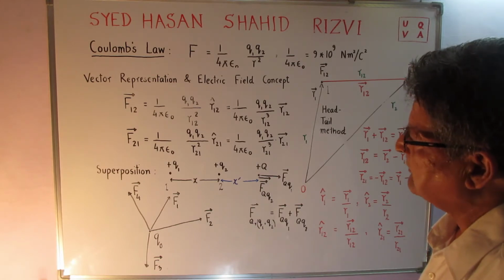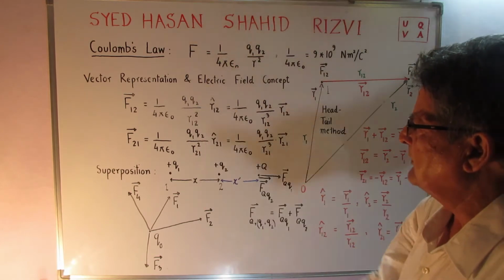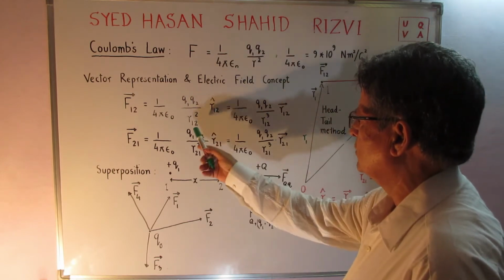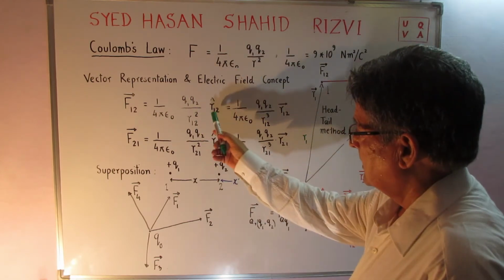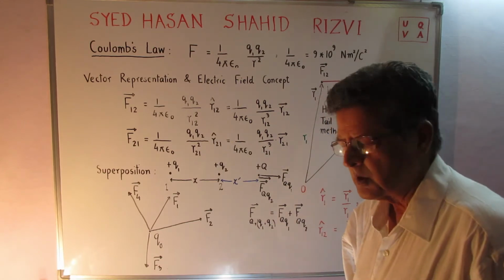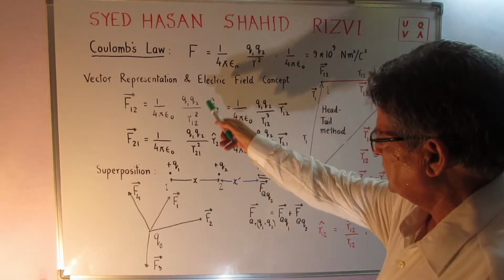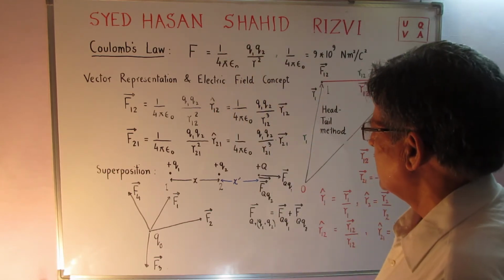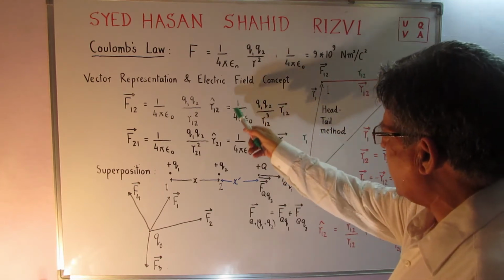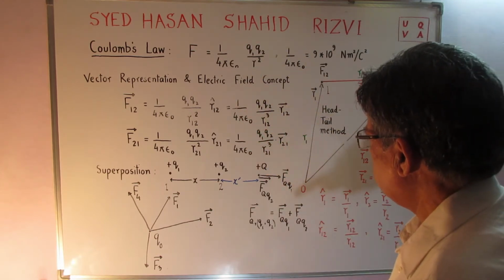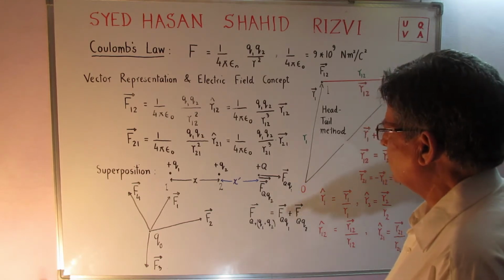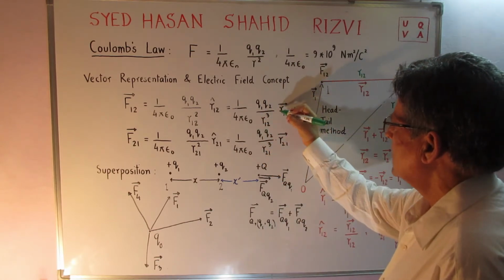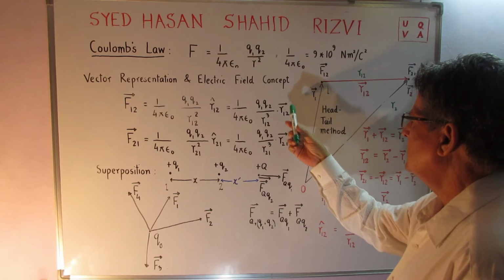So now I can write Coulomb's law in the vector representation as F12 is equal to 1 upon 4 pi epsilon naught Q1 Q2 upon R12 square, R12 cap. This means vector R2 minus vector R1. This can also be written as, look here very carefully, 1 upon 4 pi epsilon naught Q1 Q2 upon R12 cube multiplied by vector R12.